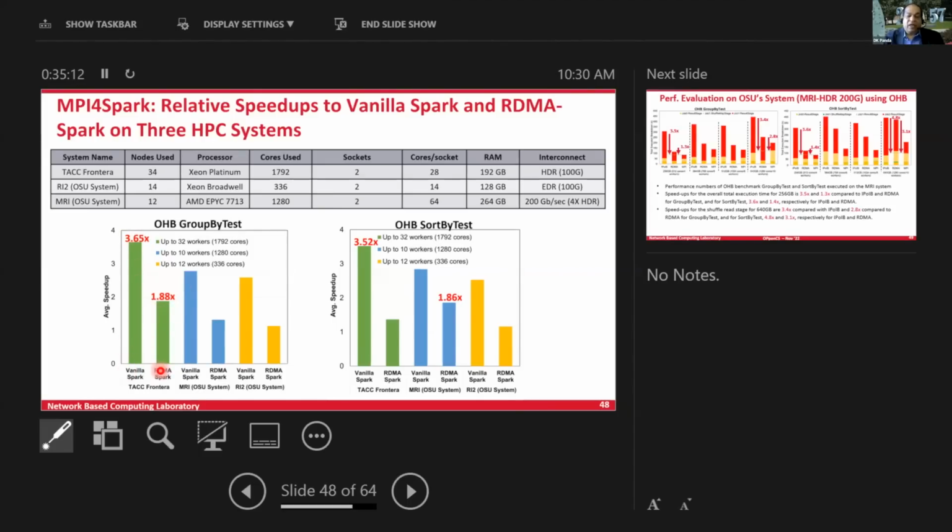Even compared to our RDMA Spark, we are improving because now the technology has improved. The MPI library has been continuously adopting better and better mechanisms. So that is the whole idea: we should be able to get portable performance. If we can leverage the MPI library, then every time a new network comes, we don't have to redesign the entire stack, and automatically you will get the benefits.